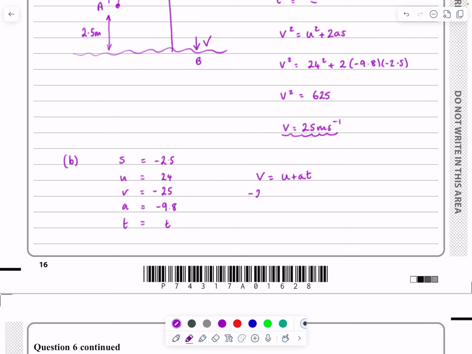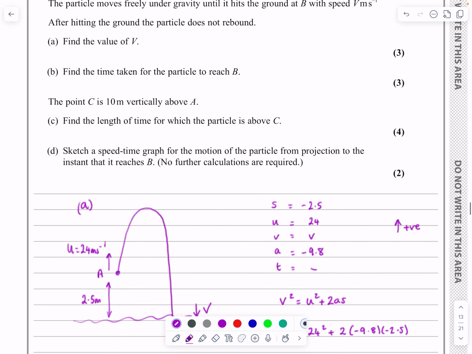So I get minus 25 is equal to 24 minus 9.8T. Rearranging that, T works out to be 49 over 9.8, or minus 49 over minus 9.8, but either way, T works out to be 5 seconds. So that's part A and part B done.